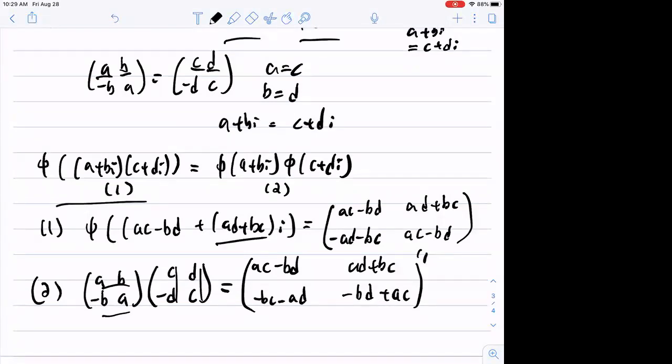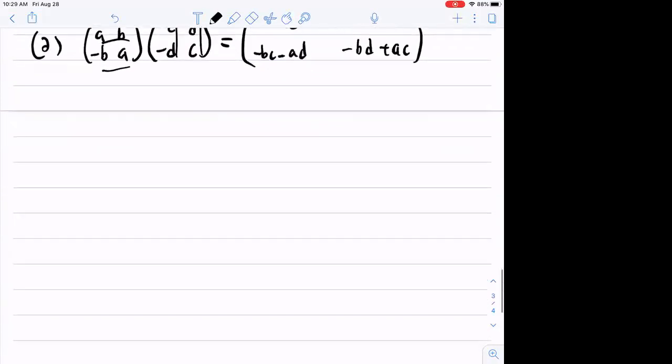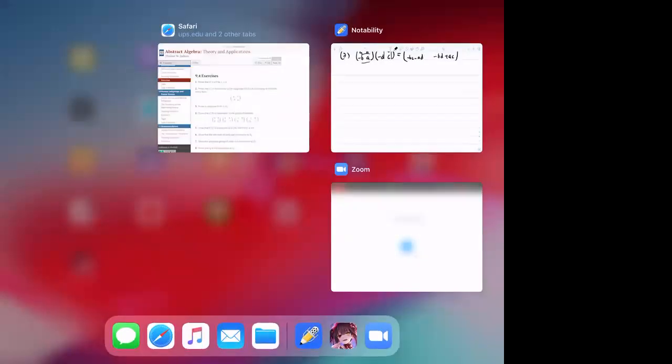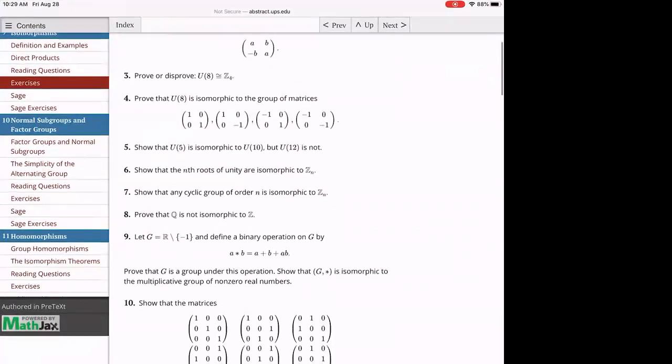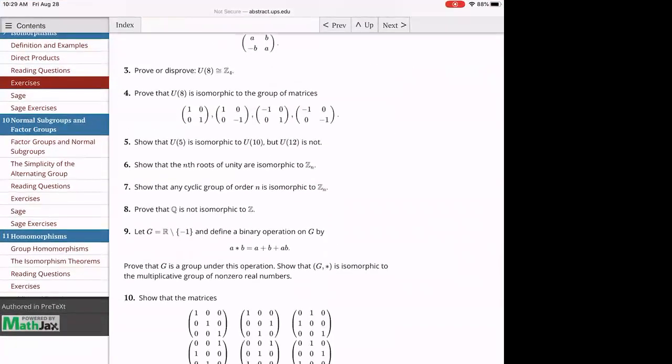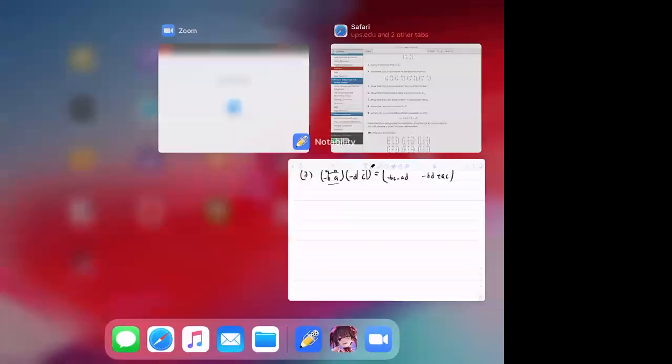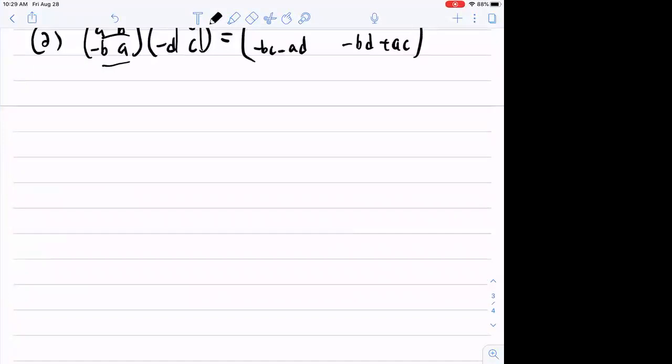I mean, the definition of an isomorphism. Okay, let's do something harder. Let's prove that Q is not isomorphic to Z. This will really test whether you understand isomorphism.